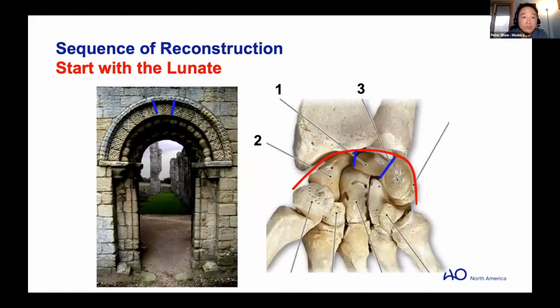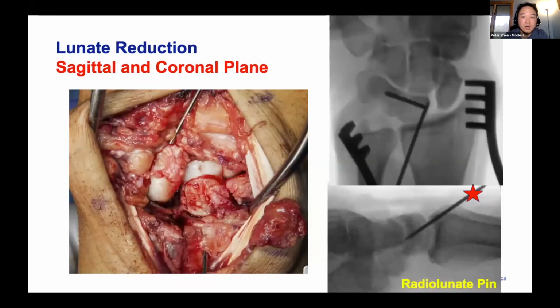And then how you reconstruct this is really just a cookie cutter approach, I would say. First, get the lunate reduced both in the sagittal and the coronal plane. You can get the lunate out of extension. A lot of times it's pretty unstable, but you can get it into the right spot by flexing, extending, ulnar and radial deviating the wrist, and then putting a radiolunate transfixation pin to hold it.